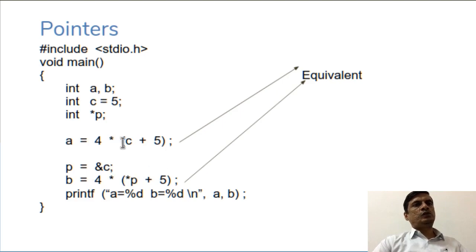So these two statements, a equal to 4 star c plus 5 and also b equal to 4 star p plus 5, are equivalent instructions, because c's address is stored in the pointer variable p. So when you print this, both a and b will have the same value, because these two statements are equivalent.